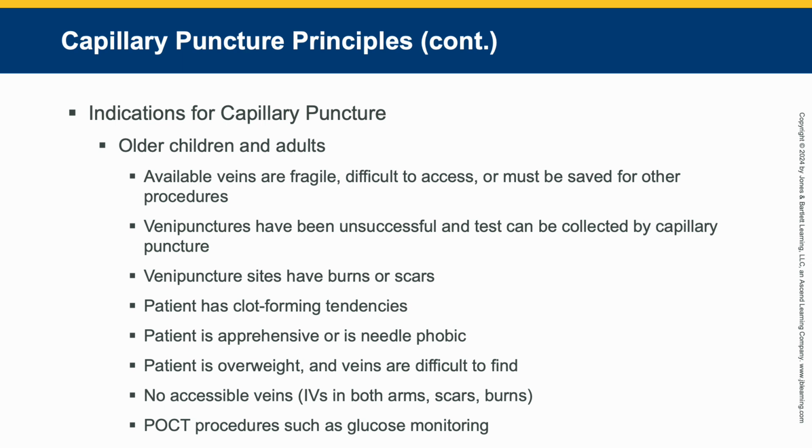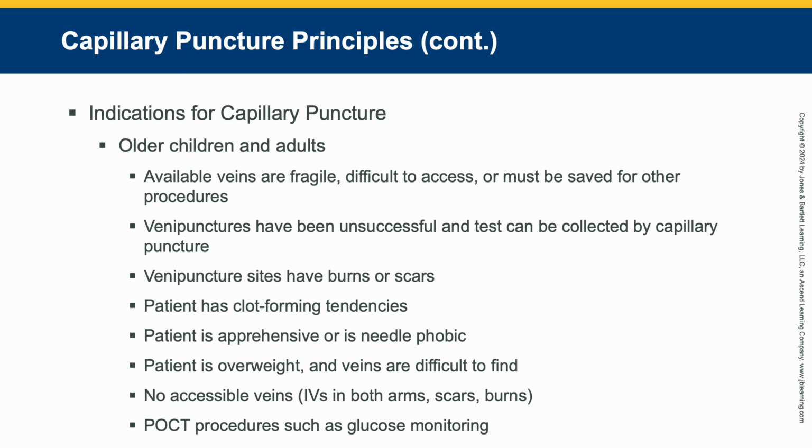The available veins that they do have: if they have really tiny fragile veins, they're hard to get to, they know they're a hard stick, maybe they've already been stuck 2 or 3 times by somebody else, and maybe they need an IV and you're coming in there first, then you don't want to be the one to use up their one good vein that you can find, and if they don't need very much, in that case, that's okay.